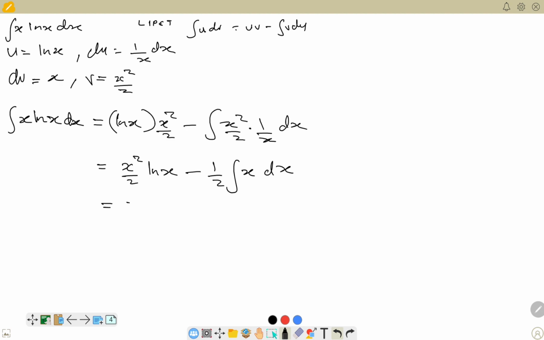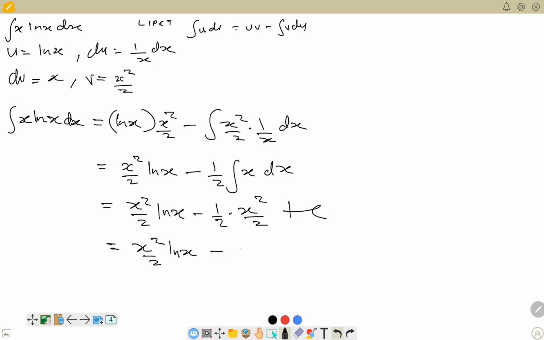If we continue to solve, we have x squared over 2 ln x minus 1 over 2 times, when we integrate x, x to the power 2 over 2, plus c. And this problem is done.